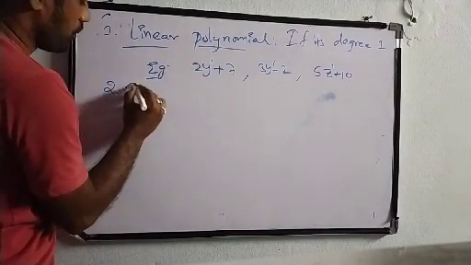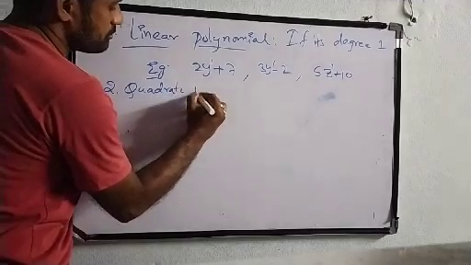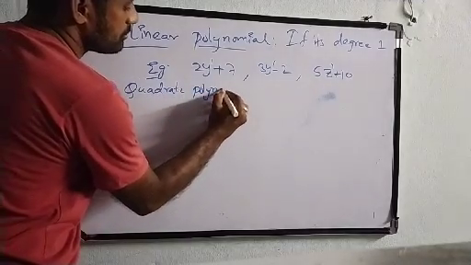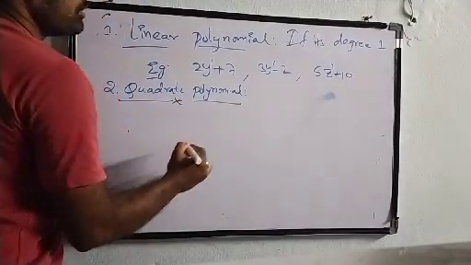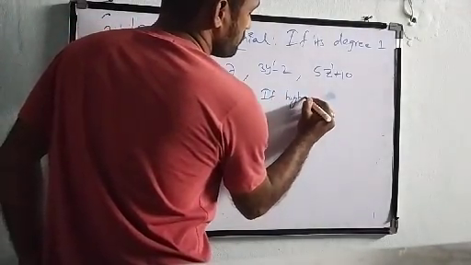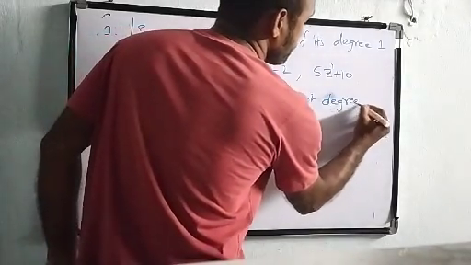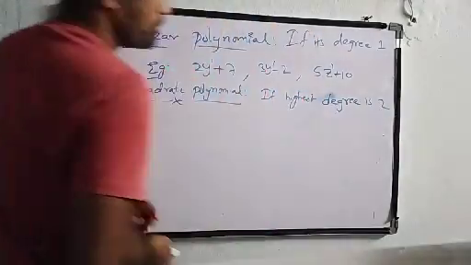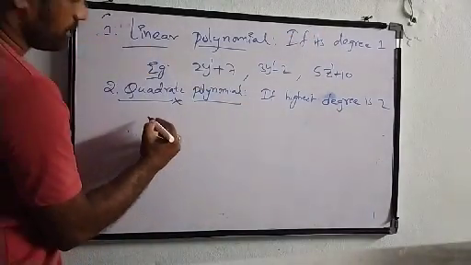The second type is quadratic polynomial. So in a quadratic polynomial, if the highest degree is 2, then you can call it a quadratic polynomial.